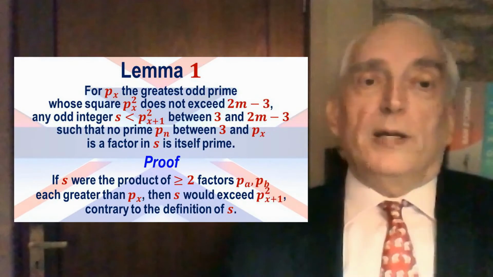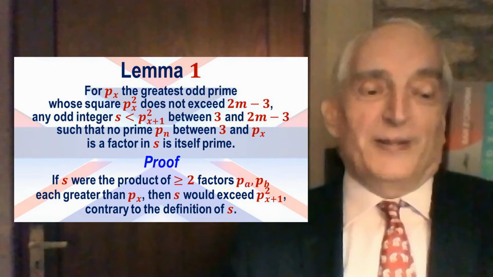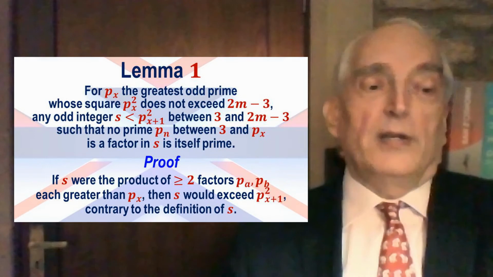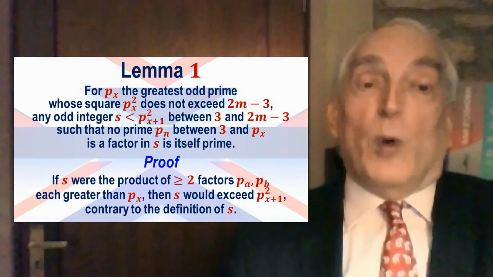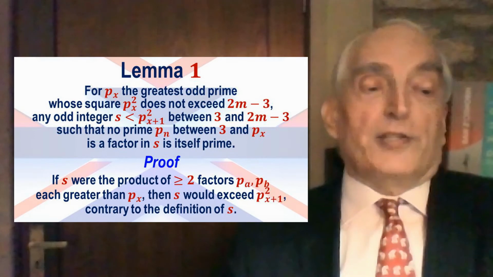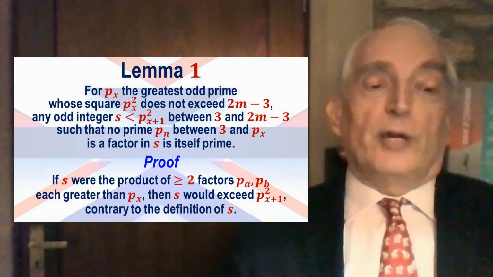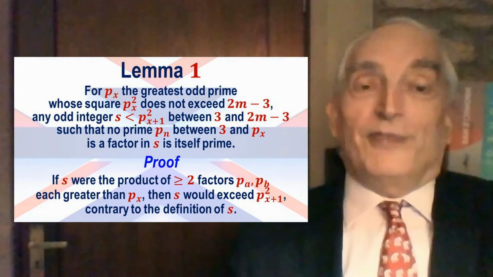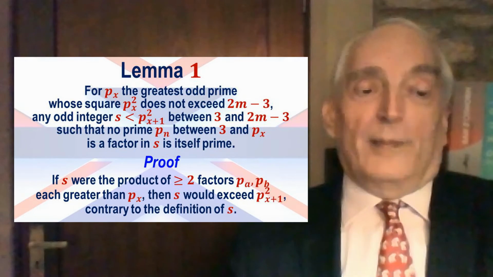Now we need a lemma, an intermediate result, which we prove as we go and rely upon later. Where px is the greatest odd prime whose square, px squared, doesn't exceed 2m minus 3, any odd integer s less than px plus 1 squared that stands between 3 and 2m minus 3 in such a way that no prime pn between 3 and px is a factor in S, is itself prime.